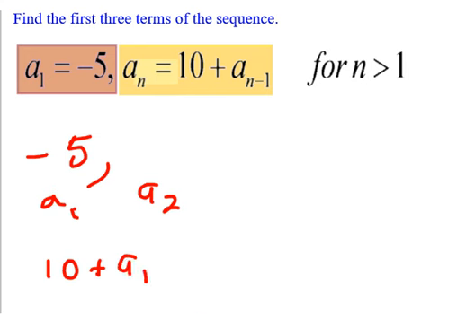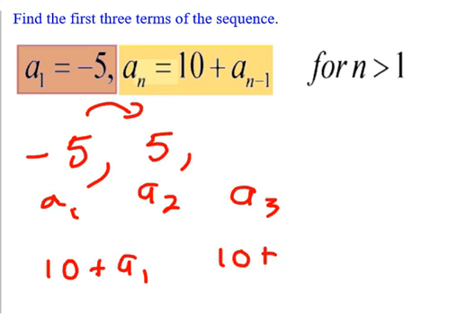So basically, I'm taking this and adding 10 to it to get the next number, and I will come up with 5. Now, when I want to get a3, again, I'm going to take 10 and add it to a2. Well, a2 was 5. When I add 10, I'm now at 15.